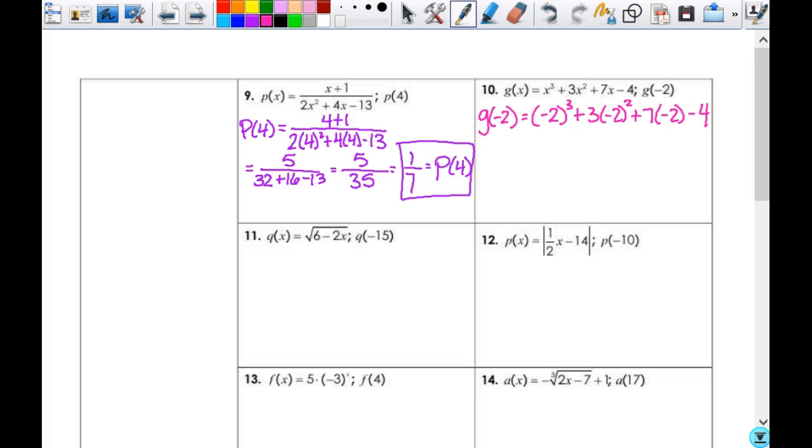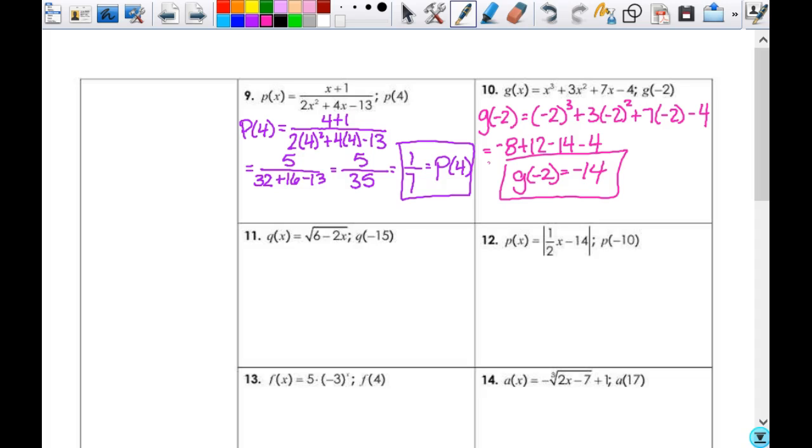Have that thought before you do anything else so you don't mess that up, because the signs are what's going to kill you on a problem like this. And then what's 2 cubed? 8. So it'll be negative 8, and then negative 2 squared is 4 times 3 is 12, and then minus 14 and minus 4. So negative 8 and positive 4. Well, that positive 4 and negative 4 cancel each other out. So G of negative 2 is just negative 14.